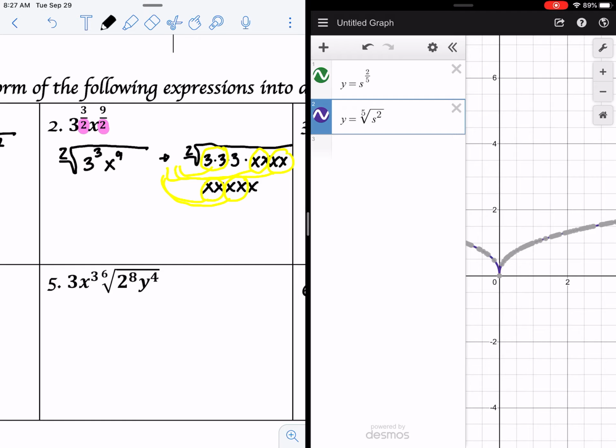So I'm going to multiply everything that I bring out. So I have 1 group of 3s, and then 1, 2, 3, 4 x's. Then multiply what's left inside. I have 1 3 and 1 x. This simplifies to 3 x to the 4th times the square root of 3x.